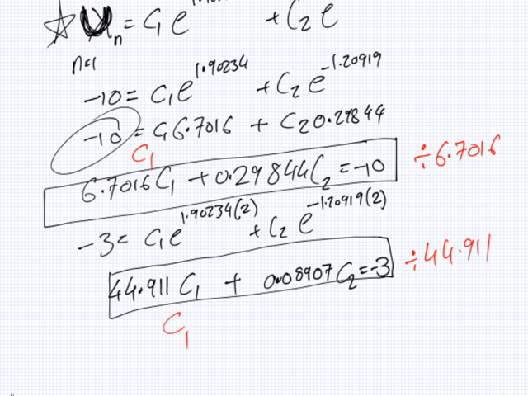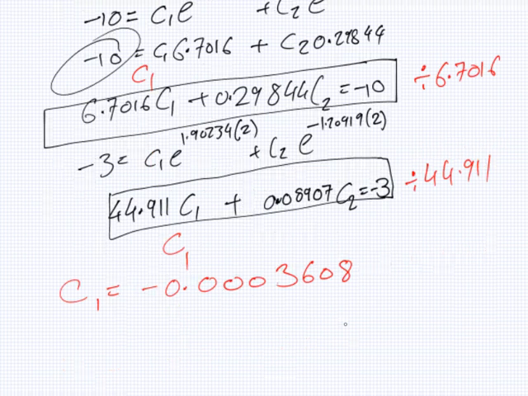So imagine I did that, I would get C1 is a tiny number, minus 0.0003608, and my C2 is pretty big, minus 33.5.